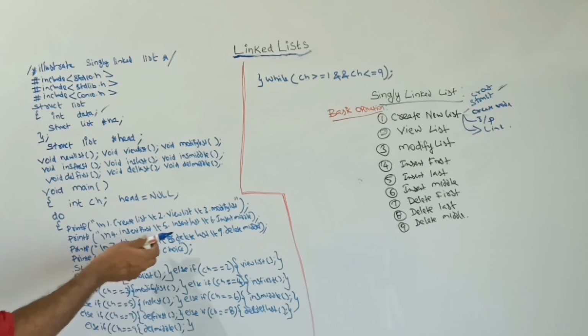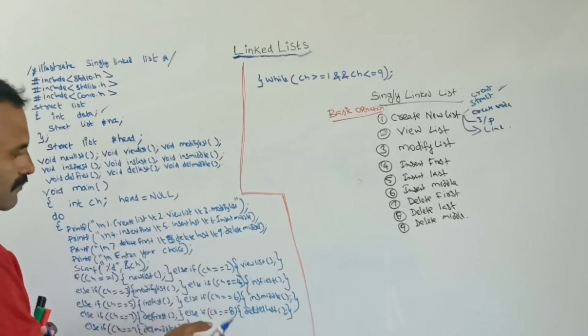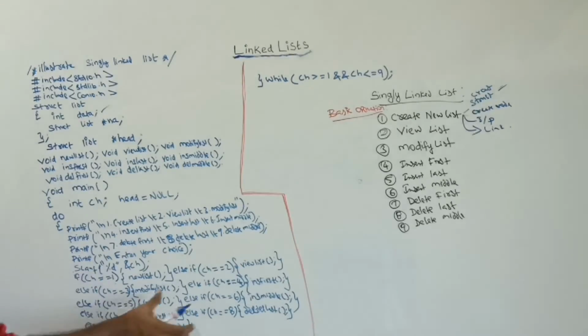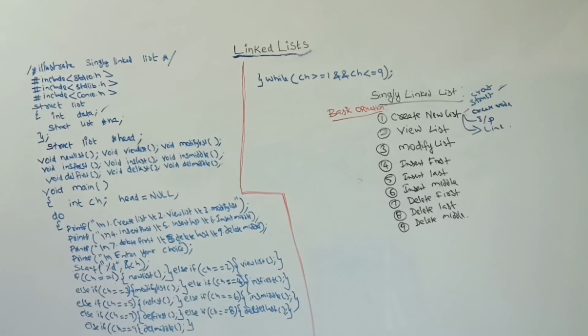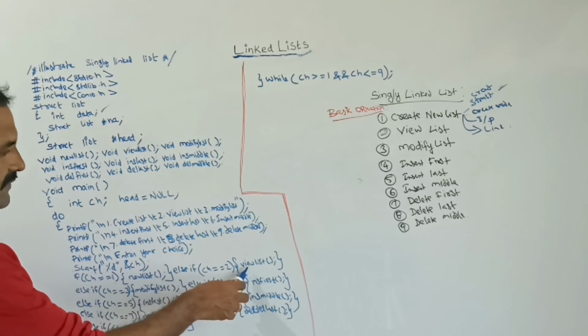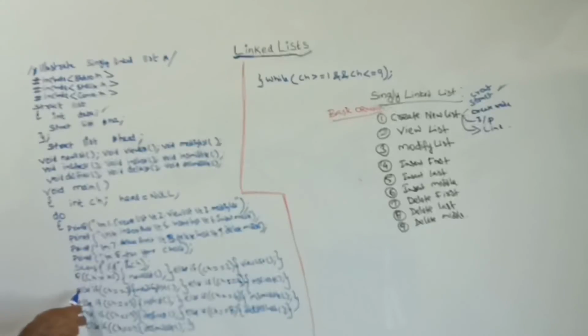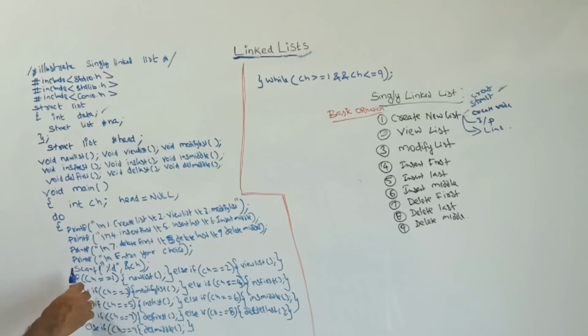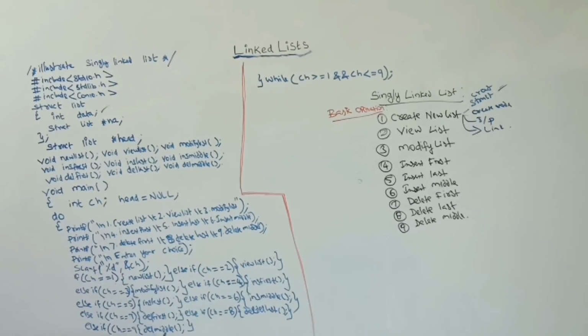Depending on the number you give, inside this if part I have called those functions. If ch is equal to 1, new list will be called. Else if ch is equal to 2, then the view list function will be called, etc. I have given else if up to 9.